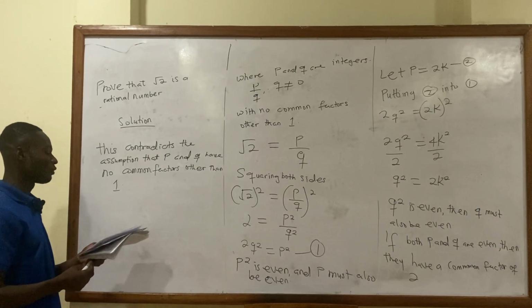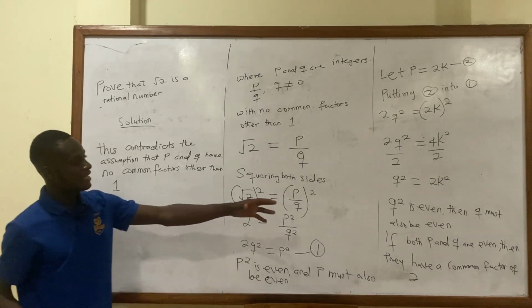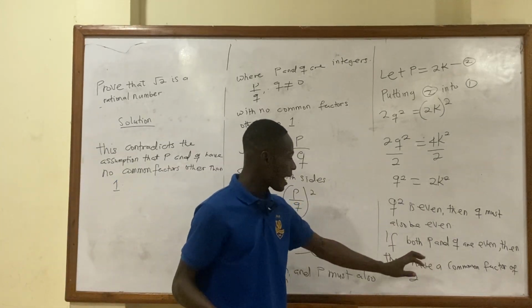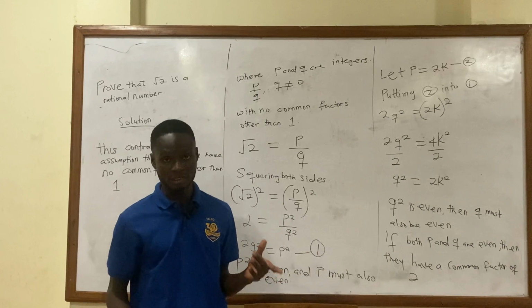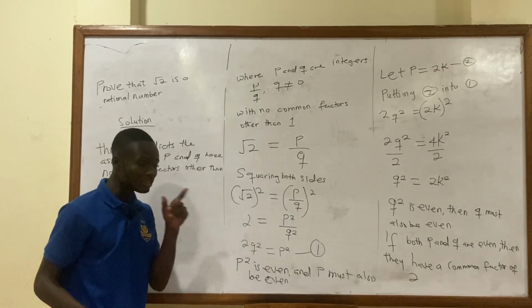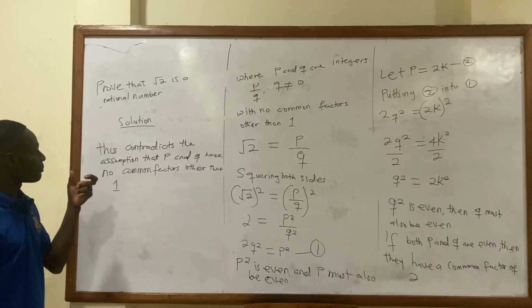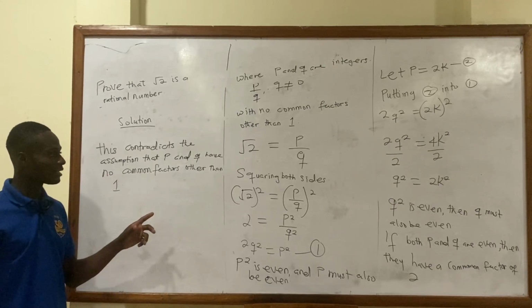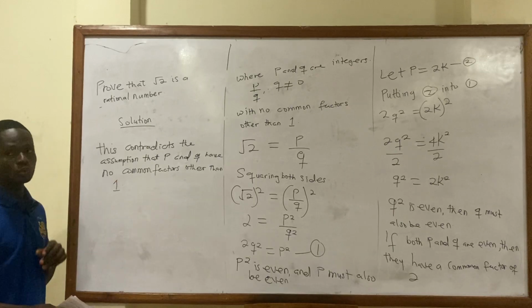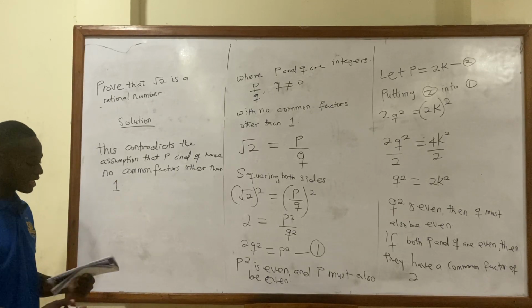All right, so from here we can see that since p and q are even, they have a common factor of 2. So if this is true, then our initial assumption that p and q have no common factors other than 1 is not true.